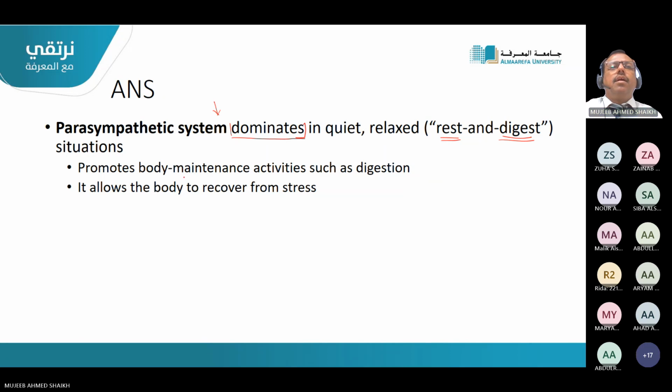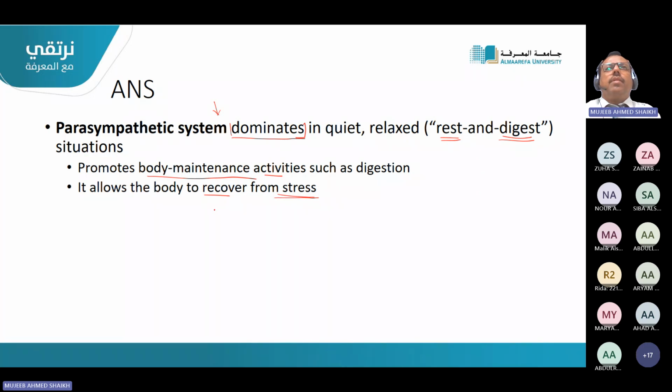The parasympathetic division is responsible for maintenance activities. All maintenance activities are done in a dominant parasympathetic nervous system. It will allow the body to recover from any form of stress. So throughout the day, if you are working, going from here to there, coming to the college, giving exams, at that time sympathetic will be more active.